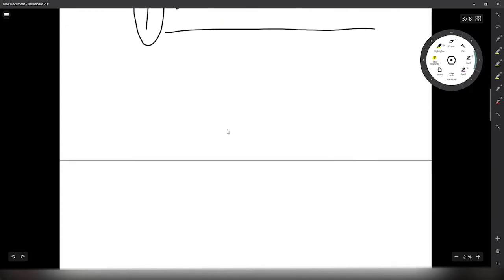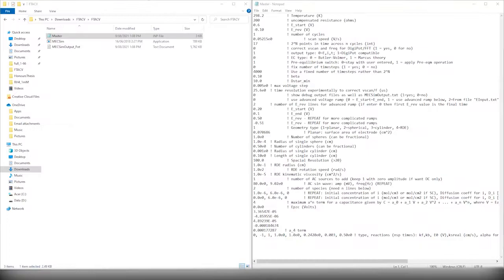So MECSim itself is basically just an EXE available for Ubuntu, Windows, and I believe a Mac computer, where this is a Fortran 90 bit of code, which takes the input file master and outputs to a text file, MECSim output/pot.